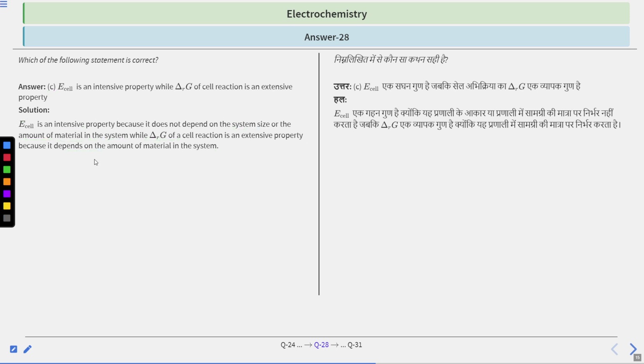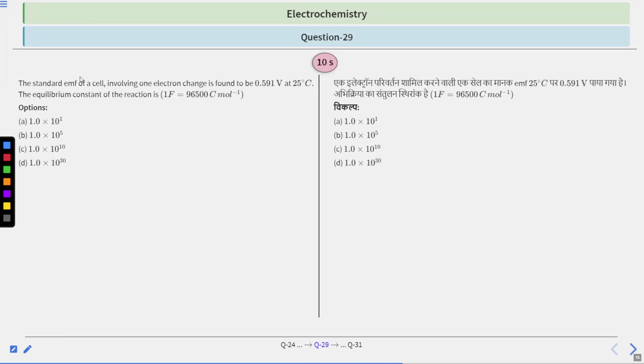Okay, let's move to the next question. Question number 29. The standard EMF of a cell involving one electron change is found to be 0.591 volt at 25 degrees Celsius. The equilibrium constant of reaction is... 1 Faraday, value is given, 96500 coulomb per mole.